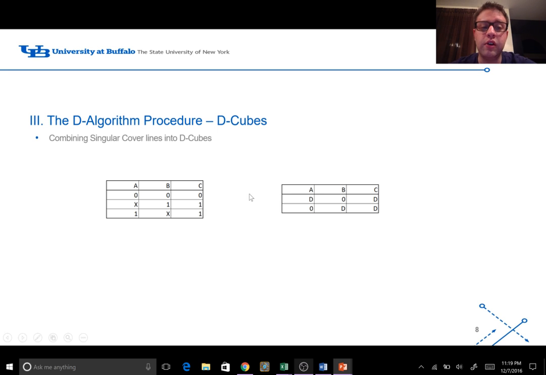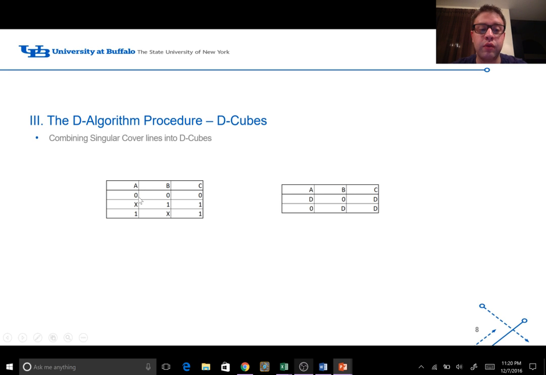So let's look at a D cube. Again, we're looking at an OR gate. On the left-hand side here, this is a graph that is borrowed from previous slides. This was 0, 0, x, 1, 1x to give the outputs 0, 1, and 1. Again, this is for an OR gate. If we were to combine the first line and the third line, they will yield the first line of our D cubes based on the intercepts of the previous slide.